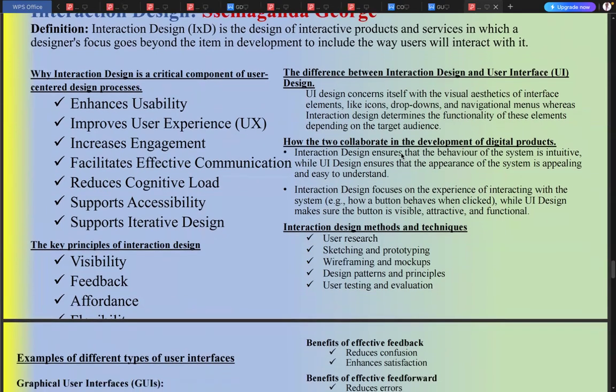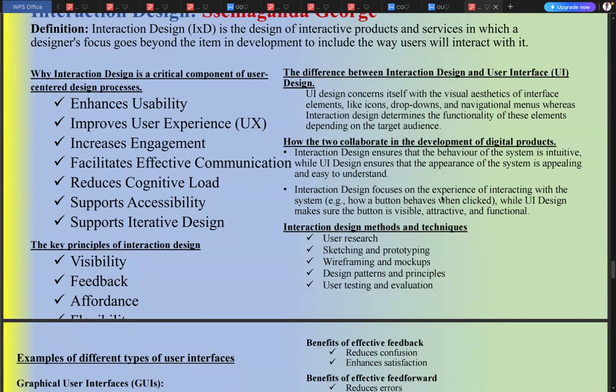So how the two collaborate in the development of digital products is that interaction design ensures the behavior of the system is intuitive, while UI design ensures the appearance of the system is appealing and easy to understand. So the intuitiveness of the features is interaction, whereas the appealing and easy-to-understand appearance works with UI design.